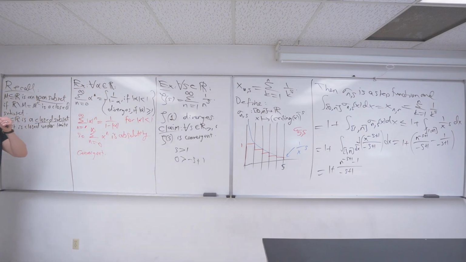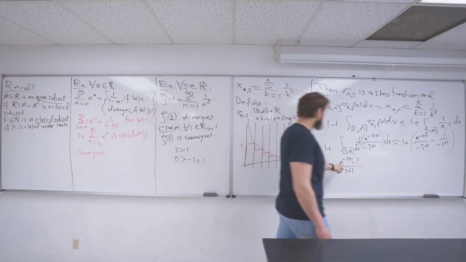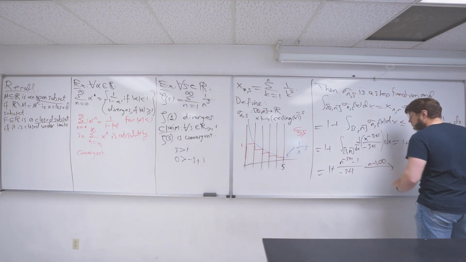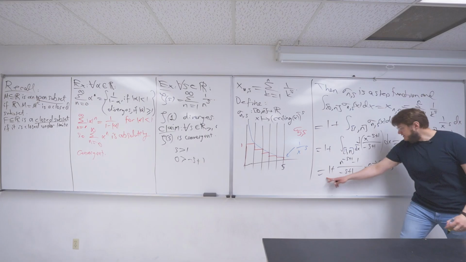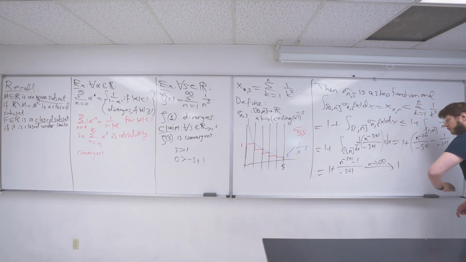It's a negative number, which means as I take n to infinity, this is going to converge to something. And indeed, it's going to converge to 1 plus minus 1 divided by this. So this is just 1 plus 1 over s minus 1, which is just, if my math is correct, s divided by s minus 1.